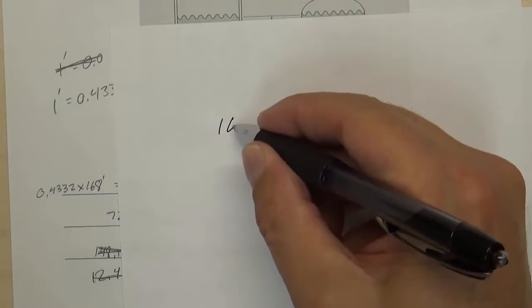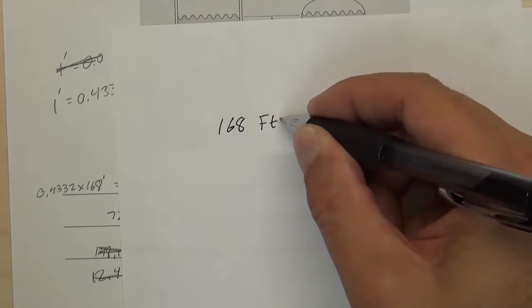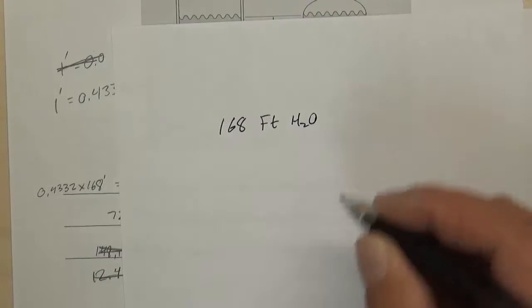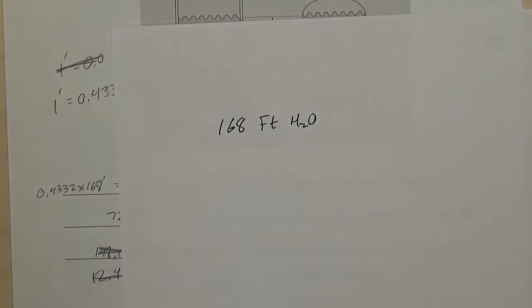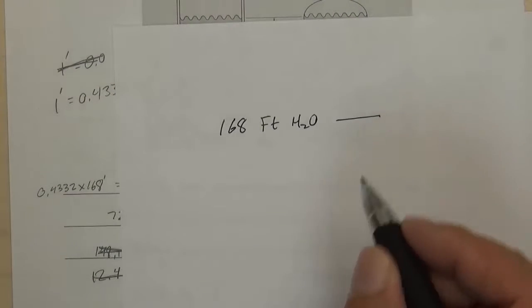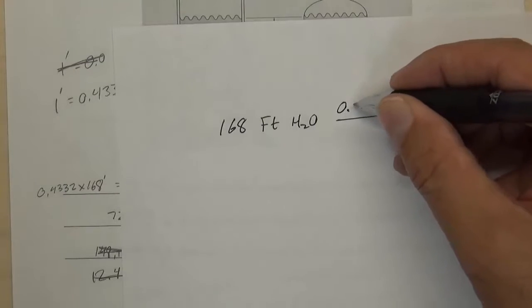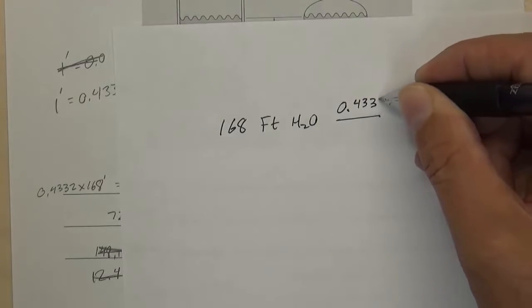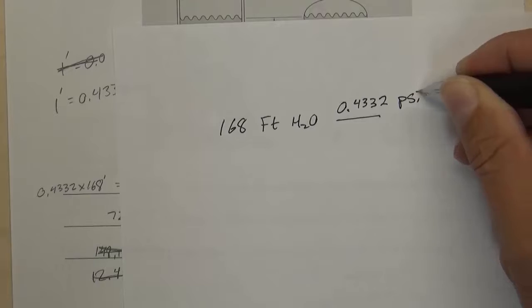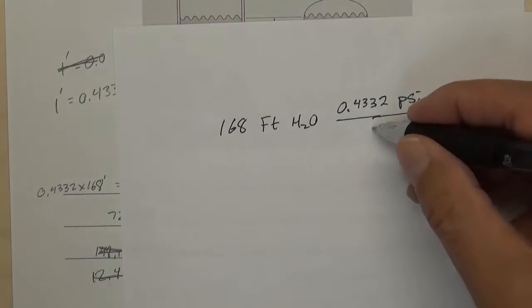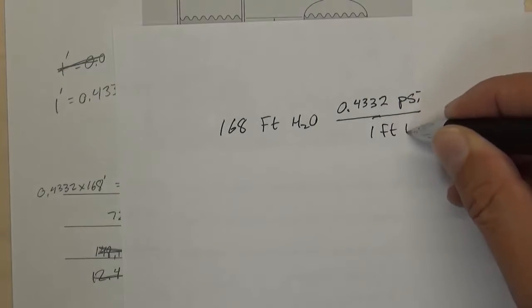I take 168 feet H2O, I multiply that by a form of 1, and my form of 1 is going to be 0.4332 PSI per 1 foot H2O.